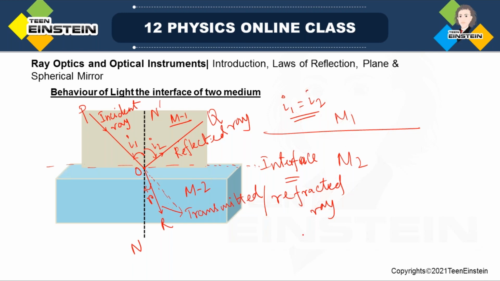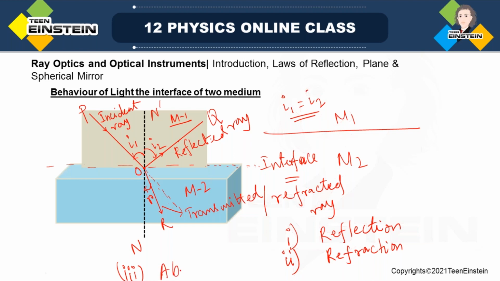All right. So what happens? There are three things I said. One is reflection. The second phenomenon is refraction, which I told is where light goes from one medium to another medium through it. This is transmission or refraction. And the third one is called absorption. Okay, some light energy will be absorbed.